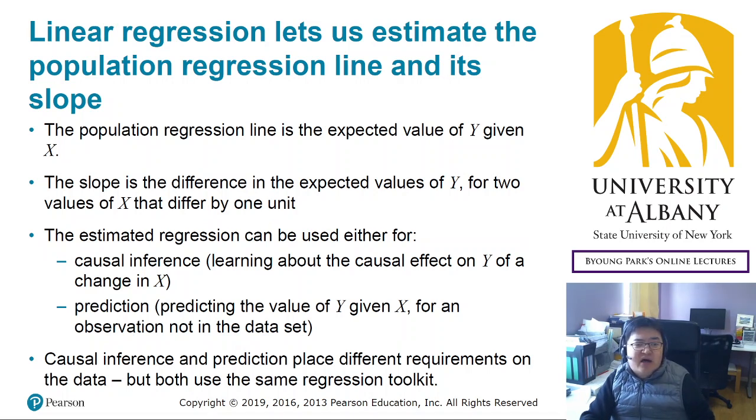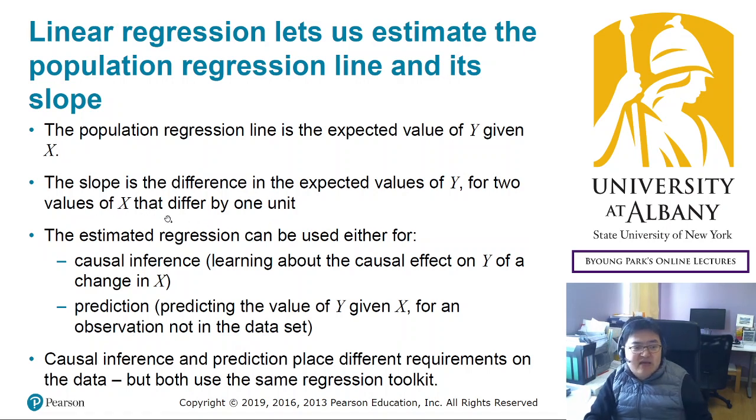The linear regression line means the expected value of y given x. So if you want to understand the expected value of y given x, then the regression can help. For example, the slope is the difference in the expected values of y for two different values of x.